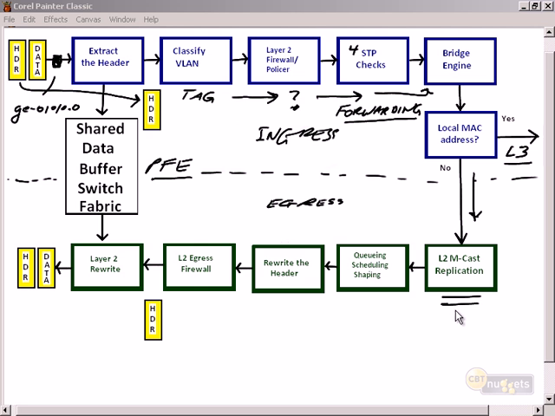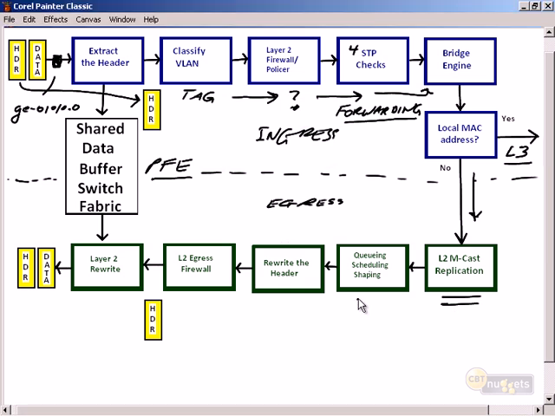Well, if this layer 2 frame has to be sent out of more than one logical interface, for example, it's a broadcast destination MAC address, all Fs, or a multicast destination MAC address, or maybe it's unicast that hasn't been learned yet, so it has to be flooded out a bunch of interfaces. Well, at that point, we'll do our multicast replication here.